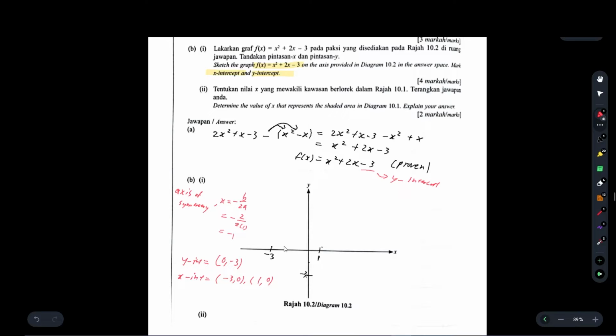This is our axis of symmetry. What that means is that at s equals -1, the graph will curve. So let's draw the graph. It will be something like this. Kind of a little ugly.